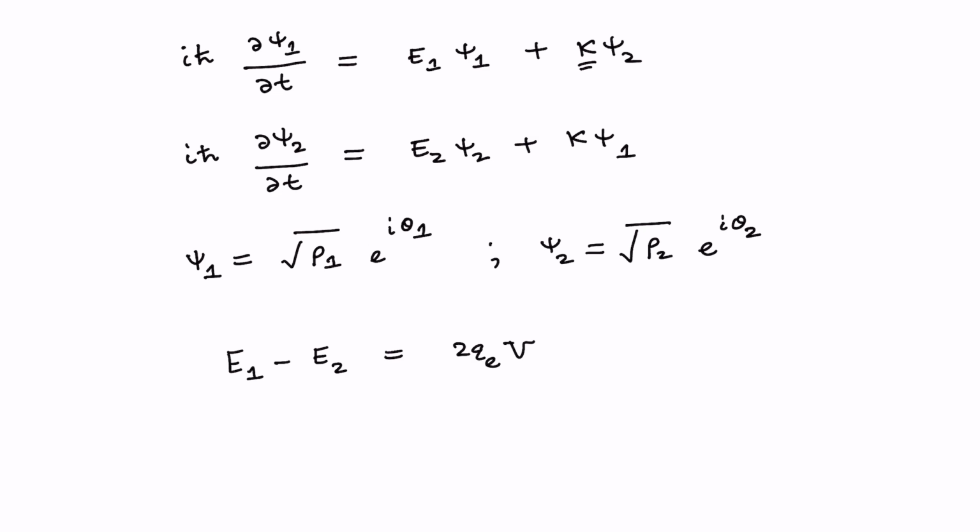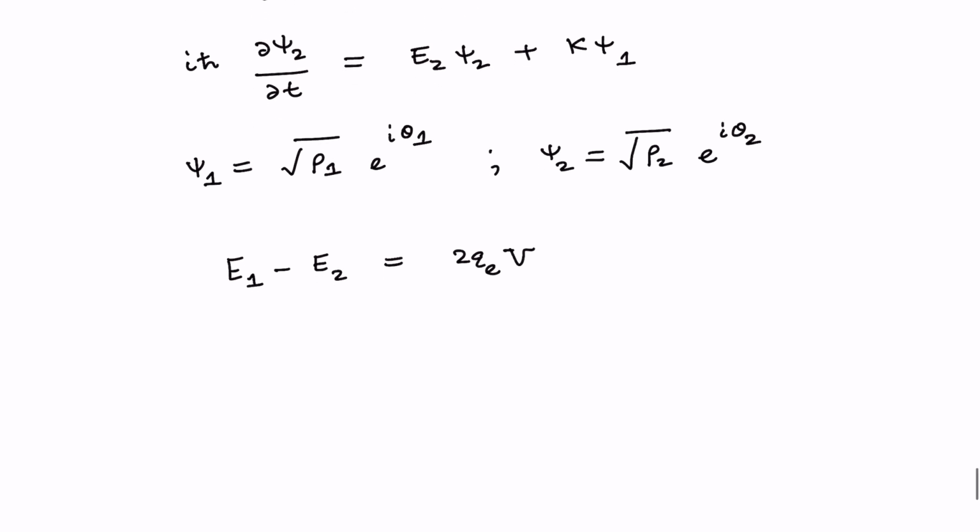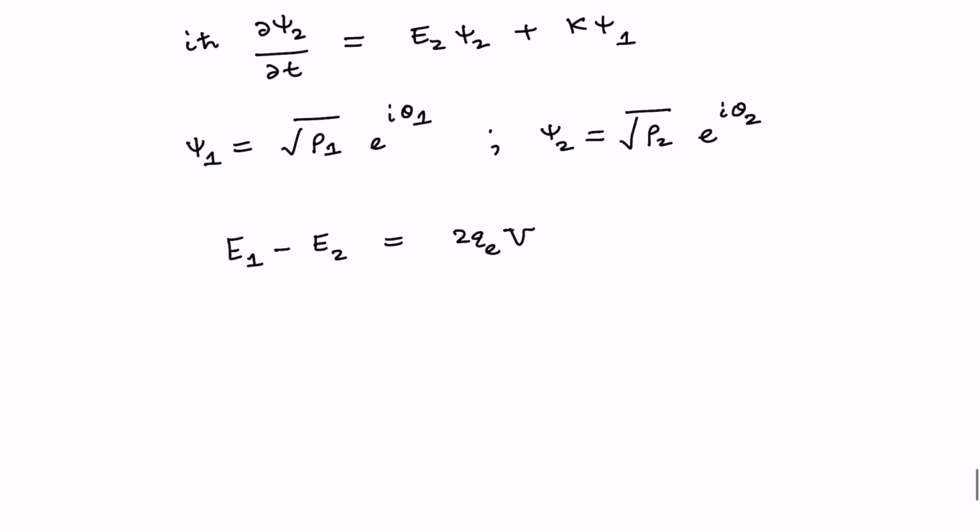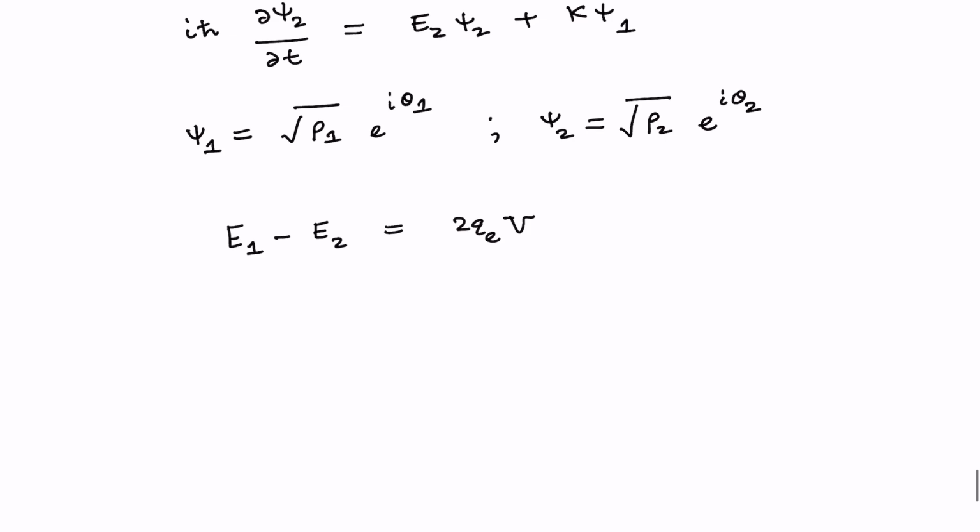Now one can easily get a set of equations for the time evolution of density and phase of the wave function in each electrode. Let me write these equations, and you can get these equations from these coupled Schrodinger equations. I urge you to derive these relations that I'm now going to write, and it's very trivial to derive. If you cannot do it, I am going to do that in the problem solving session.